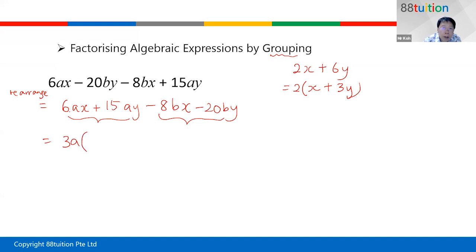I put the bracket. 3a times what gives you 6ax? 3a times 2x. So 3 times 2, 6ax. Next one, 3 times what gives you 15? 3 times 5. Then a, y is missing, so I put y. So 3a times 5y gives you 15ay. This is the first grouping.